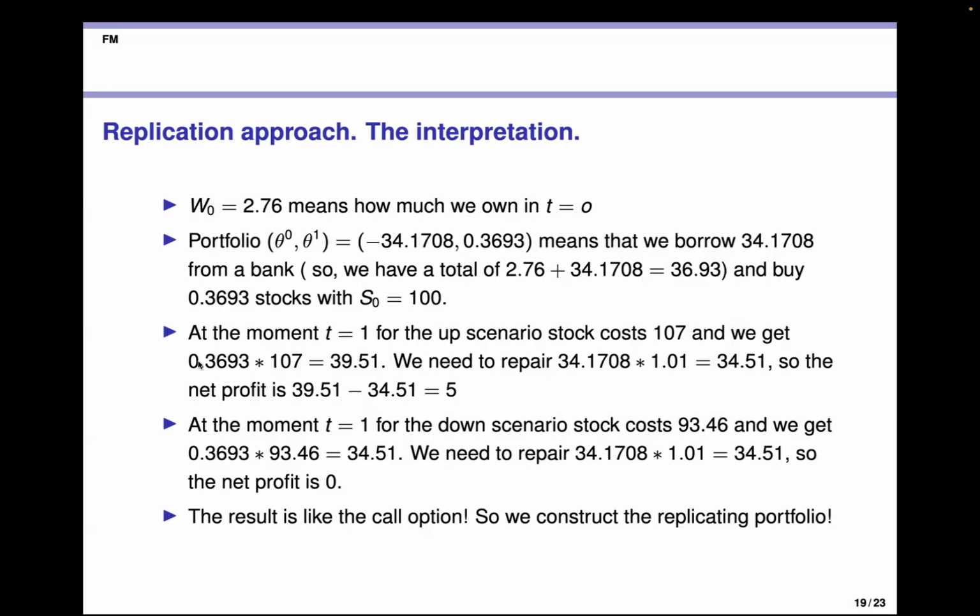So we multiply the amount by the price, and it is the price in the up scenario, what we have. But we need to repay this sum. Why? What do you think? Why do we need to repay this?